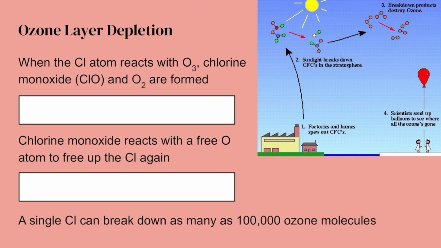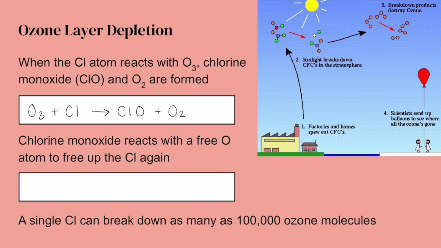So if we're going to write that again as a chemical equation, we have ozone, which is O3, plus our chlorine, and this is coming from a CFC. It's been broken off from a chlorofluorocarbon, and this reaction occurs and creates chlorine monoxide, which is a chlorine atom and an oxygen atom, and an oxygen gas.